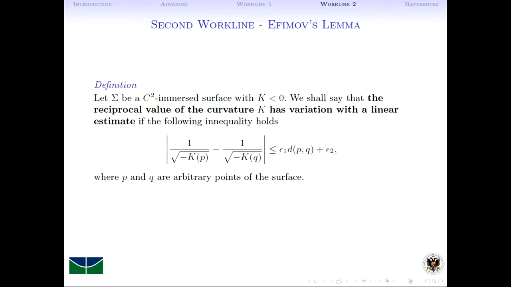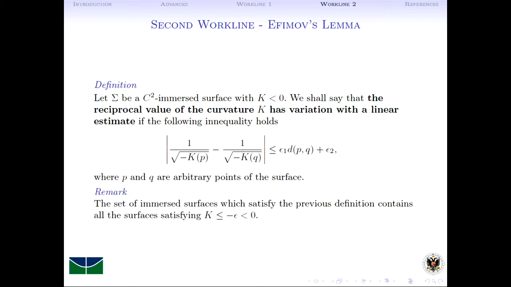We are going to say that the reciprocal value of the curvature K has variation with linear estimate if this inequality holds. This is the hypothesis Efimov used to extend his own theorem in 1968. He weakened the assumption by using this new assumption. We are calling this assumption Efimov's weak condition.